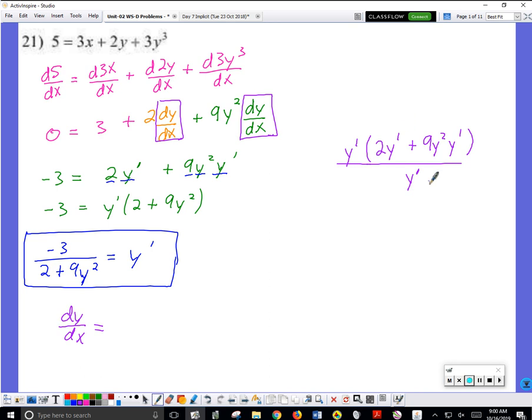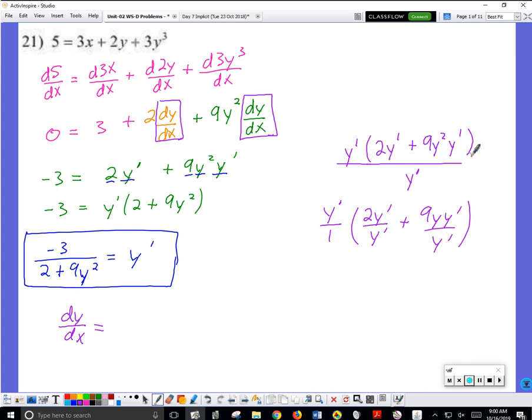Because of how this is arranged, you can think of it as y prime here over 1, and then this fraction can be broken into 2. So you have 2y prime over y prime plus 9y squared y prime over y prime. Fractions multiply straight across, so the fractions add with a common denominator.